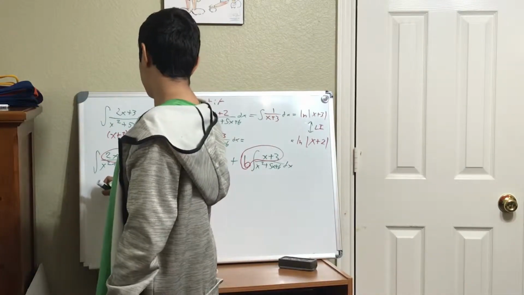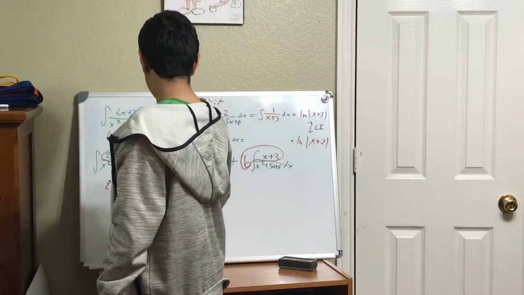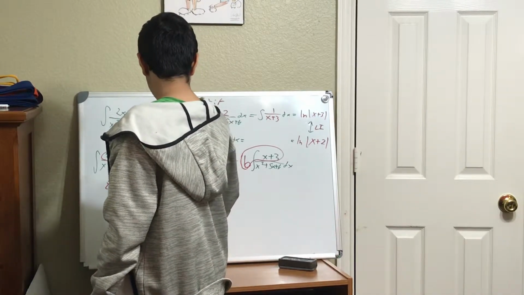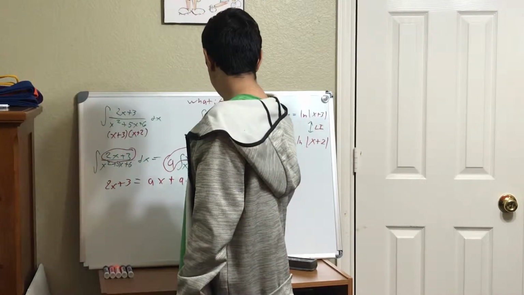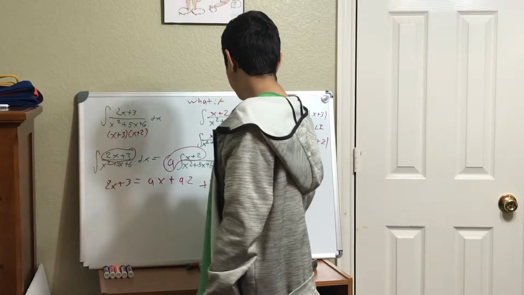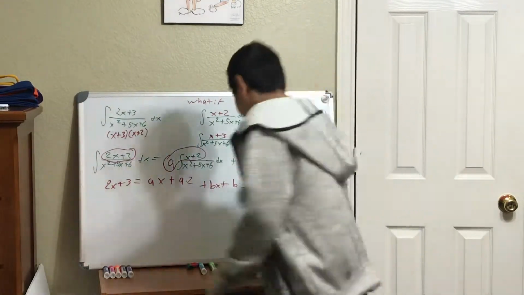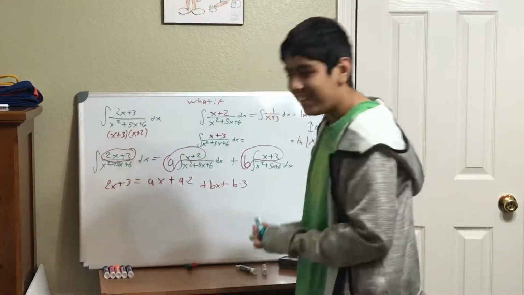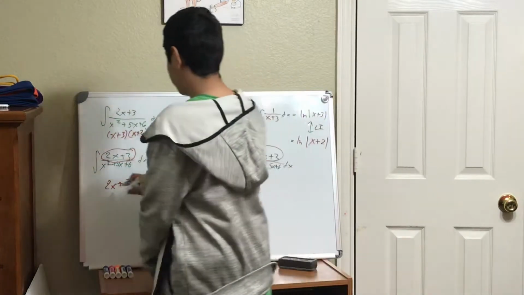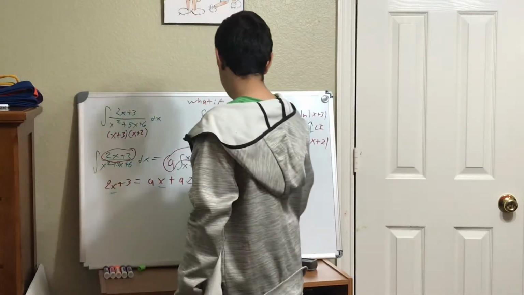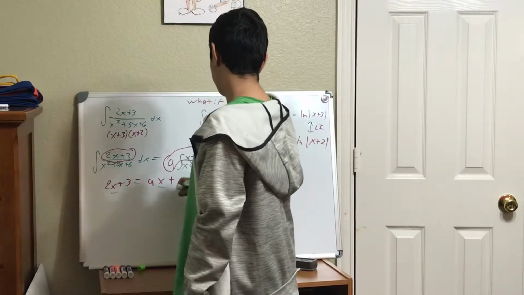So we have 2x plus 3 is equal to a times x plus a times 2, plus b times x plus b times 3. We just distributed the a and b on the inside. Notice that we have our x terms right here, and then we have constant terms right here.